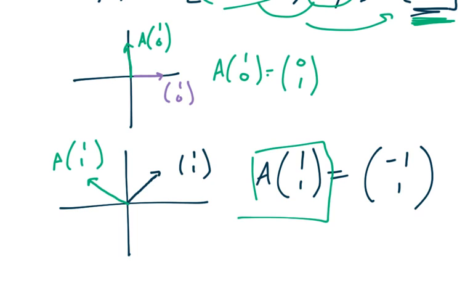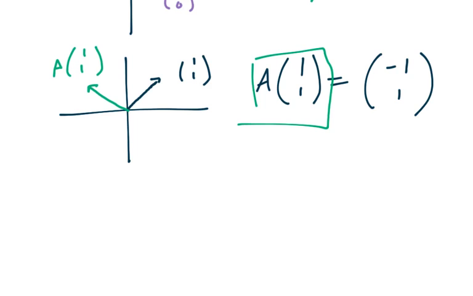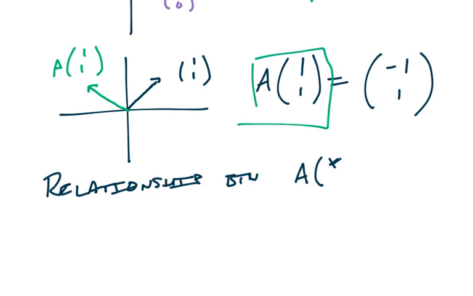All right, so there's a pattern that I hope you're recognizing here. The general relationship between A of a vector and the original vector. What's the relationship between A of xy and the original vector xy?